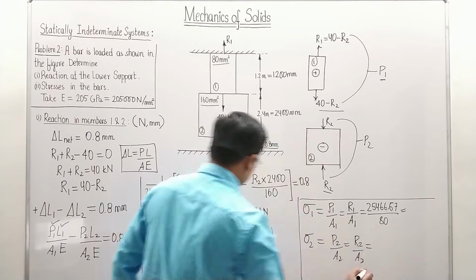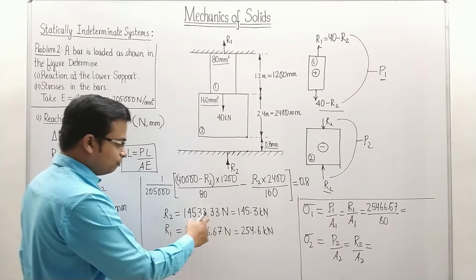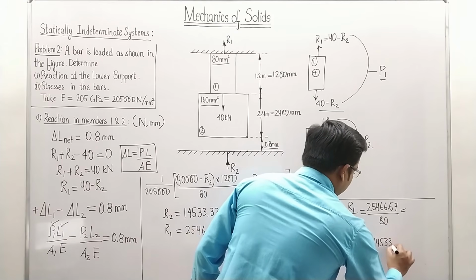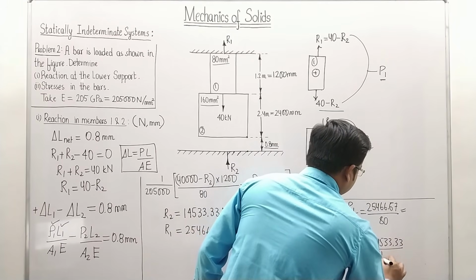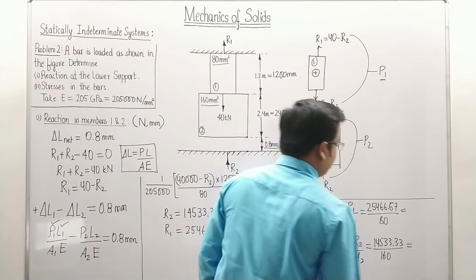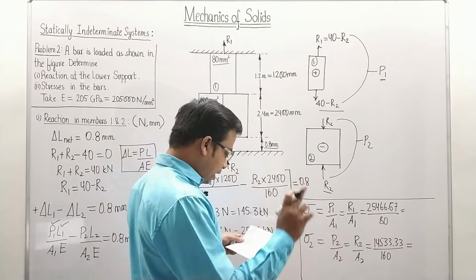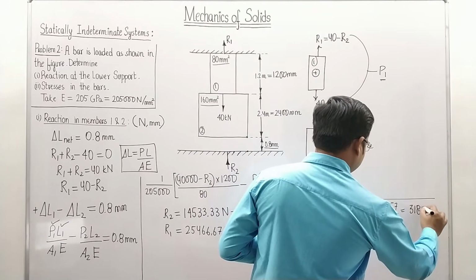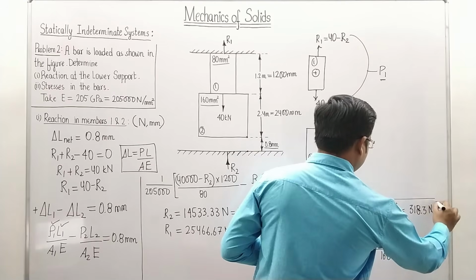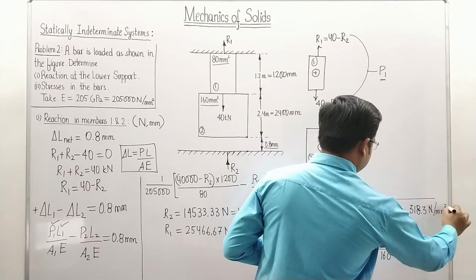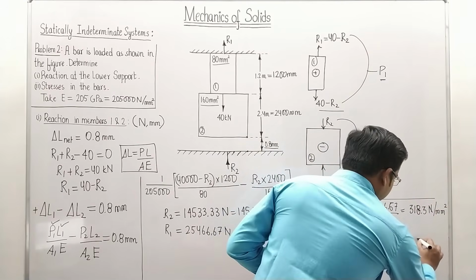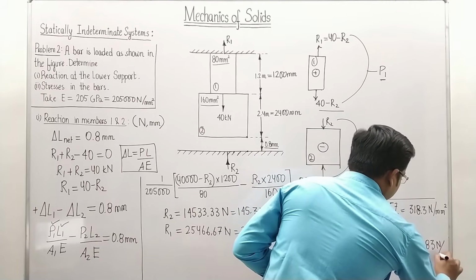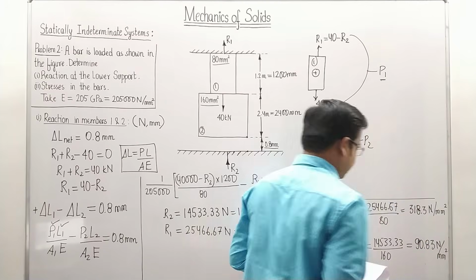Punching in R2 as 145.33.33 divided by 160, on calculation this works out as 318.3 Newton per millimeter square for sigma 1, and 90.83 Newton per millimeter square for sigma 2.